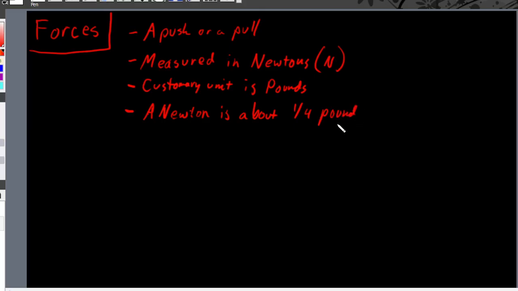And so a baseball is about 1 newton, a small apple is about 1 newton. So a newton is about 1/4 of a pound, and 1 pound is 4.5 newtons. All right, and so that's our basic thought about what newtons are and about what forces are.